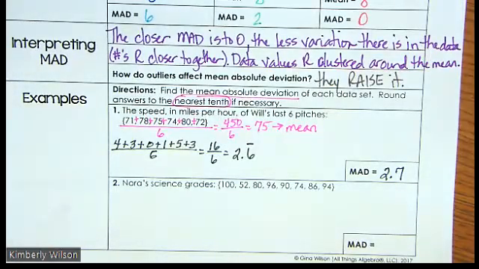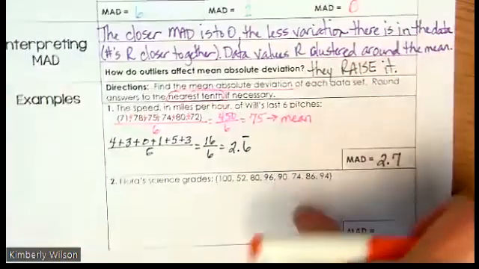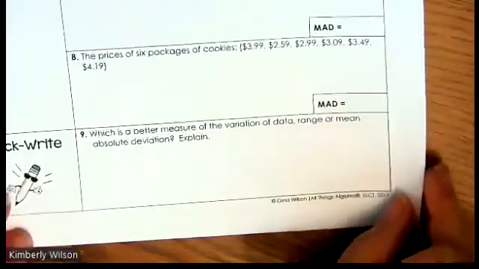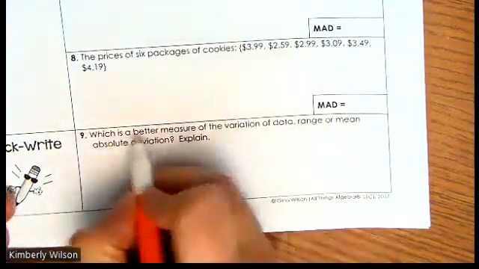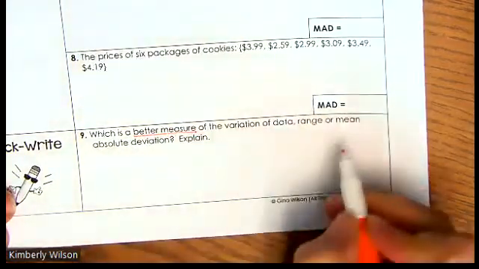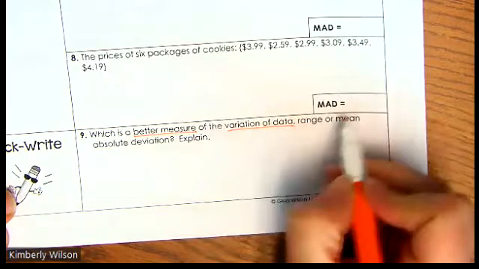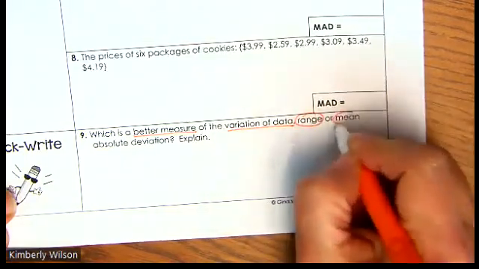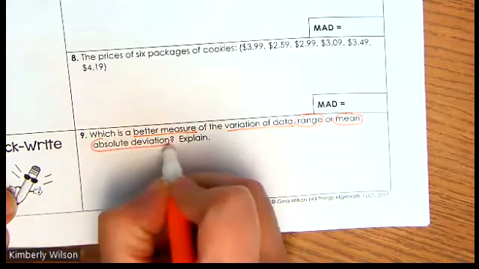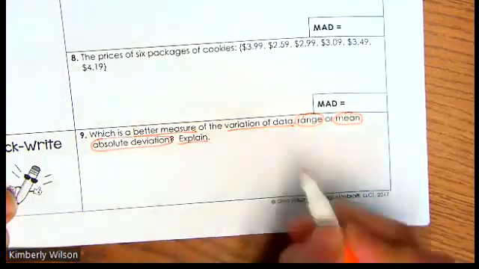Okay, moving right along, let's look at number 9. It says, which is a better measure for the variation of data, range or mean absolute deviation, and we have to explain.